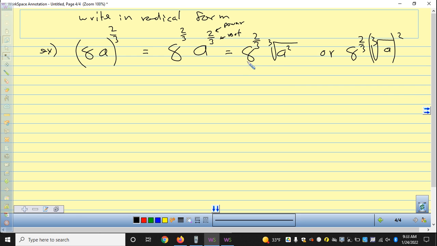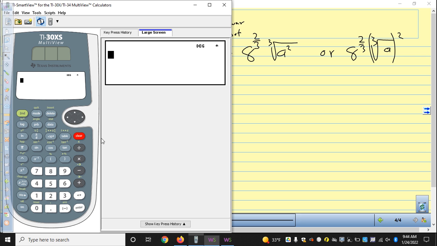Well, let's figure out how we deal with this 8 to the 2/3. In our calculator, we can do this exponent just like this. So in my calculator, I'm going to say 8, and then for my power, I'm going to use this little up arrow. And then I'm going to put parentheses, 2 divided by 3. I hit enter. 8 to the 2/3 power is 4.